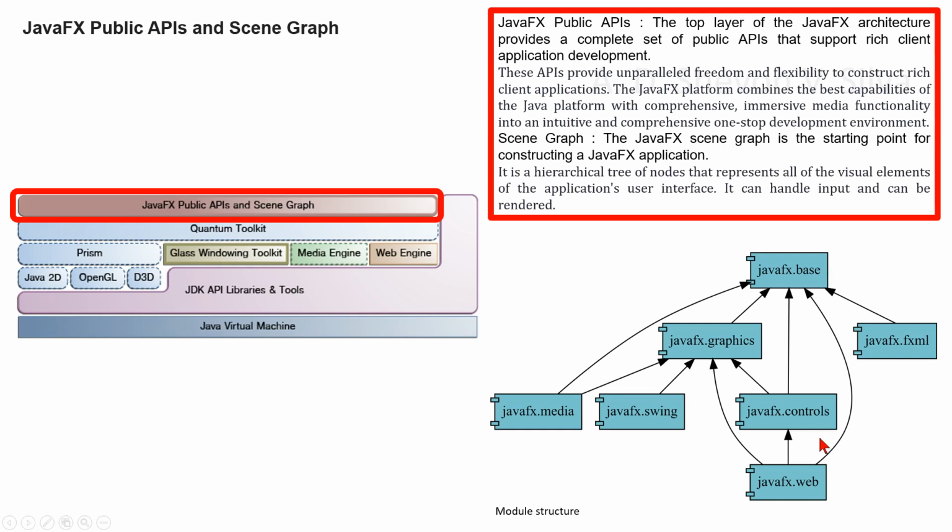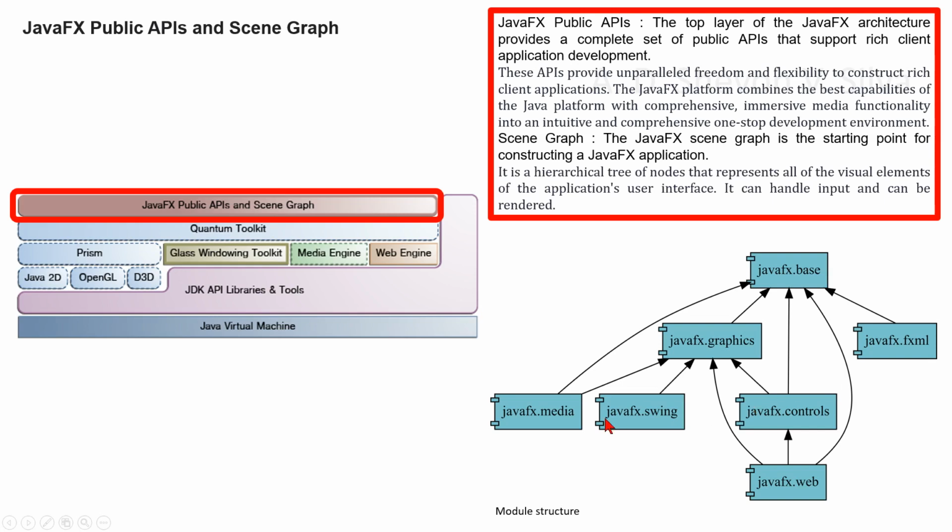Module javafx.controls defines UI controls, charts and skins that are available for the JavaFX UI toolkit. Module javafx.web defines APIs for WebView functionality contained within the JavaFX UI toolkit. Module javafx.fxml defines the FXML APIs for the JavaFX UI toolkit.